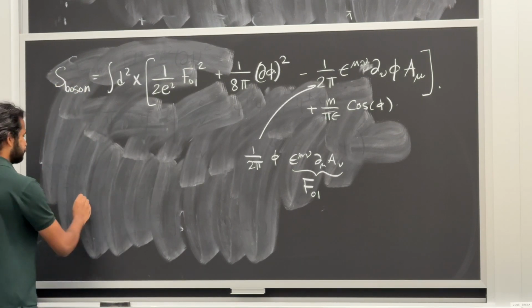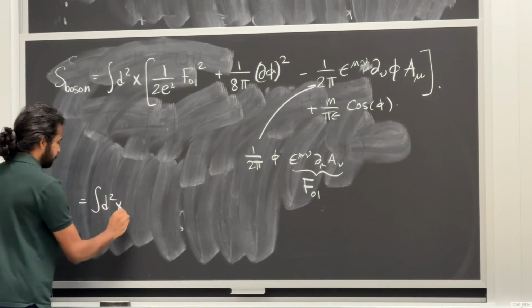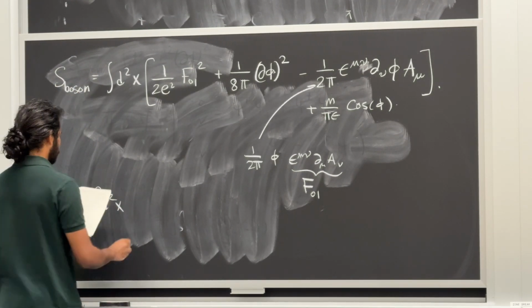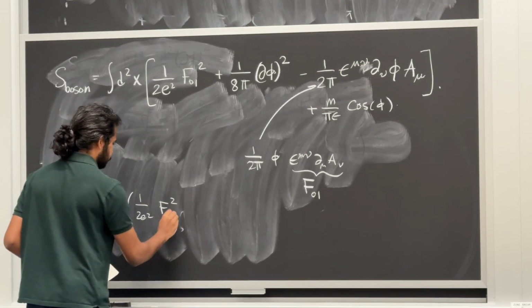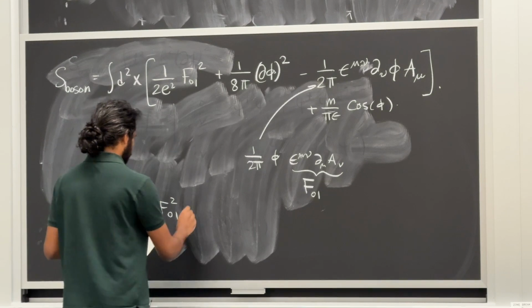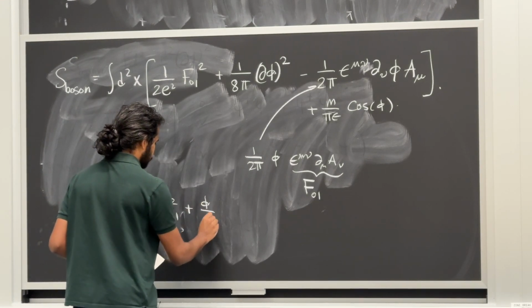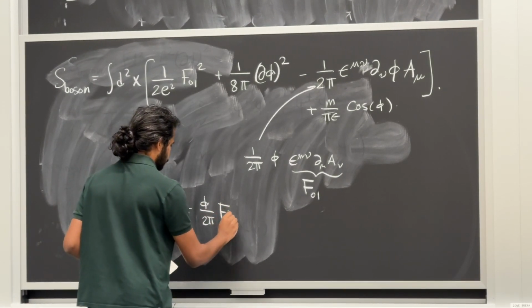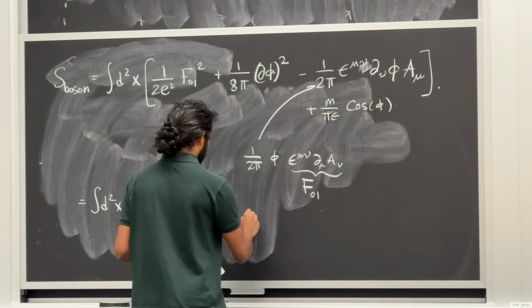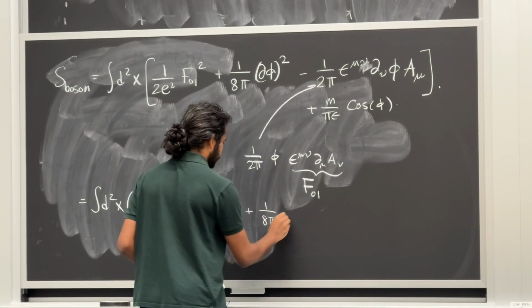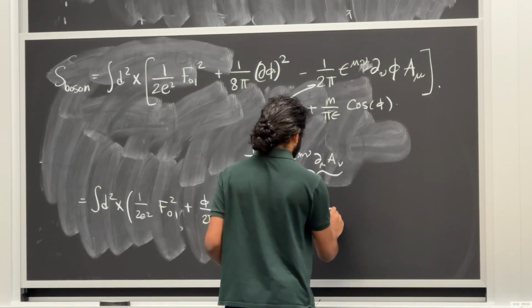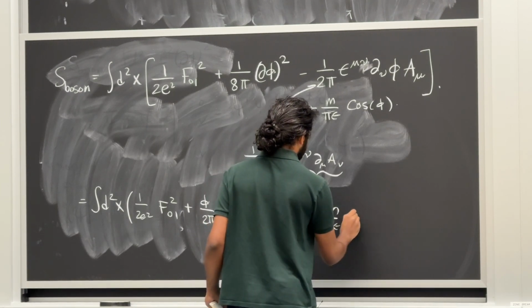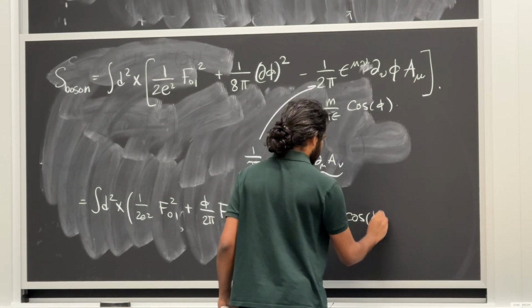So in the end, we just have 2 times 1 by 2e squared f01 squared plus phi by 2 pi f01 plus 1 by 8 pi (d phi) squared plus n by epsilon cosine phi.